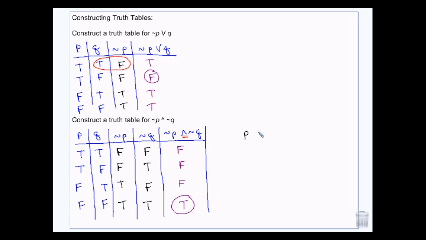So P and Q had to be false to get not P and not Q true. So my original statements both had to be false in order for this statement to be true. Does that make sense?